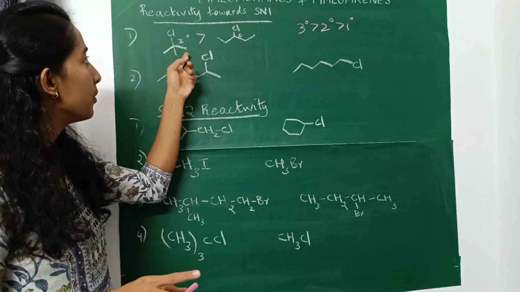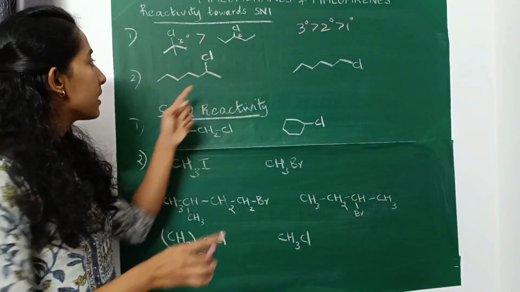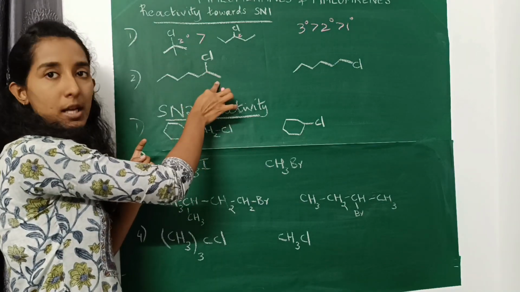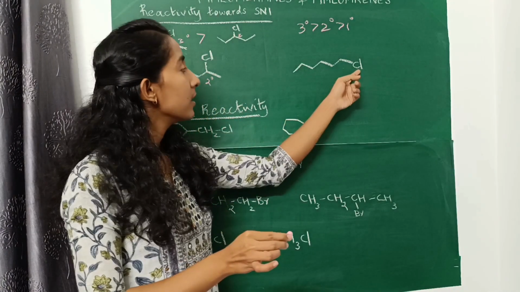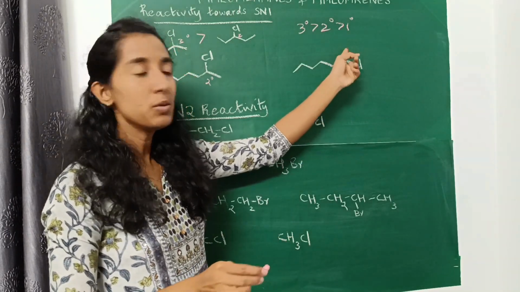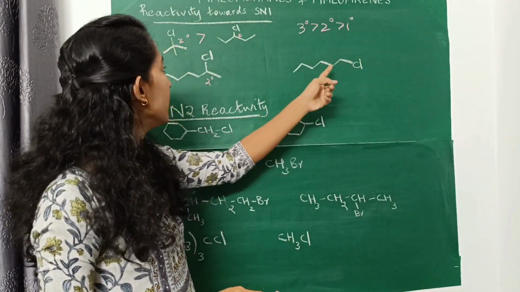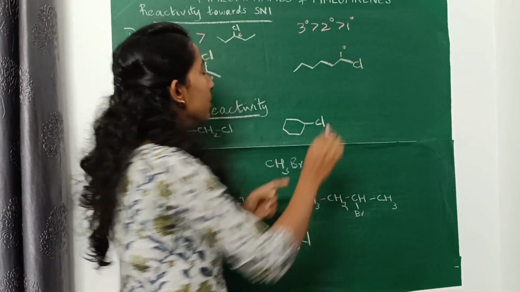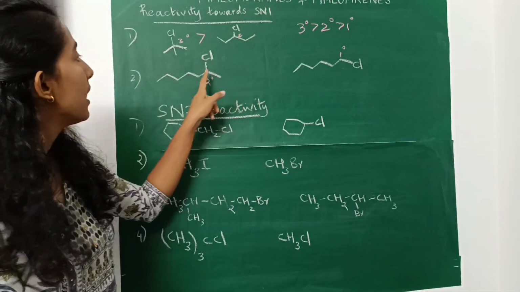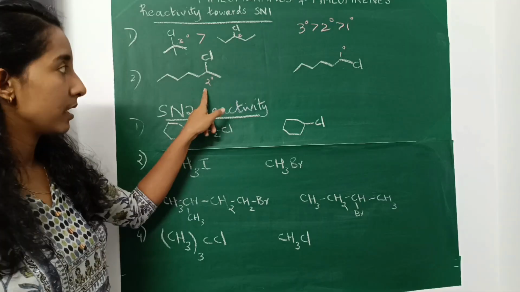So this will be more reactive. Then this halogen is attached to a carbon which is attached to 1 carbon, so this is primary, and this carbon is secondary.